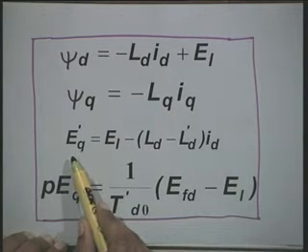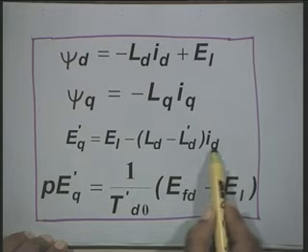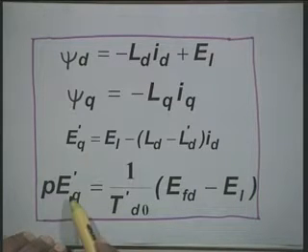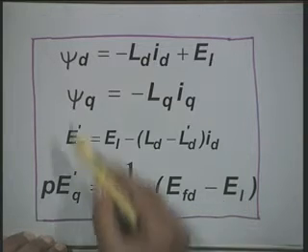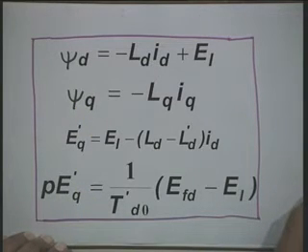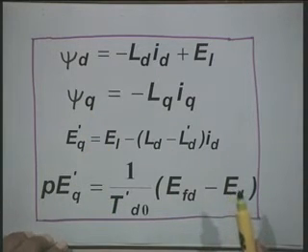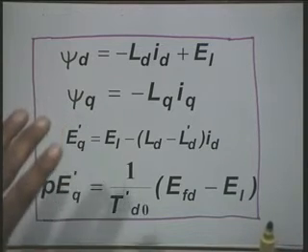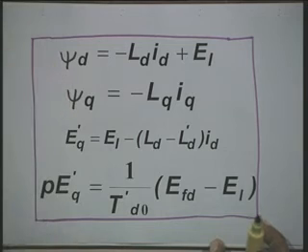The expression for E q prime is E I minus (L d minus L d prime) I d, and P E q prime, that is d by dt of E q prime, is equal to 1 upon T d O prime into (E f d minus E I). Therefore, in these 4 equations, 3 are algebraic equations and 1 is a differential equation. The synchronous machine is very commonly represented by these equations, with only one differential equation.